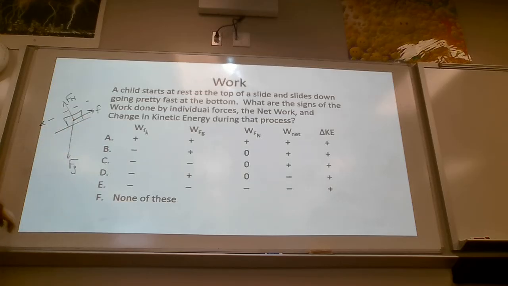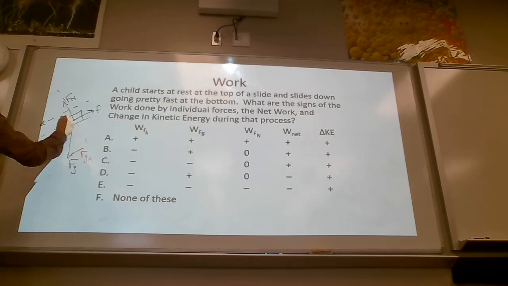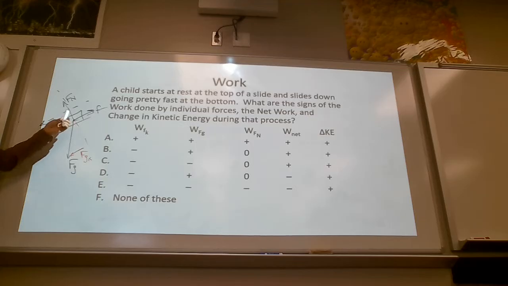Gravity, specifically your force of gravity in the x direction, is doing positive work, acting in the same direction of motion. Normal force is acting perpendicular, so no work.